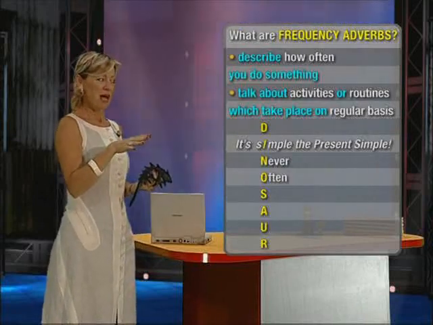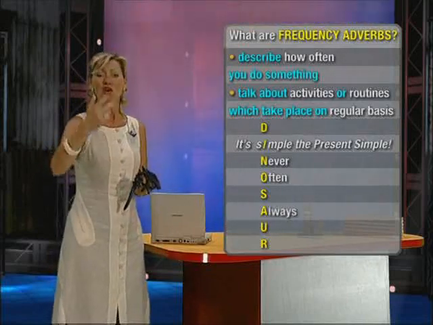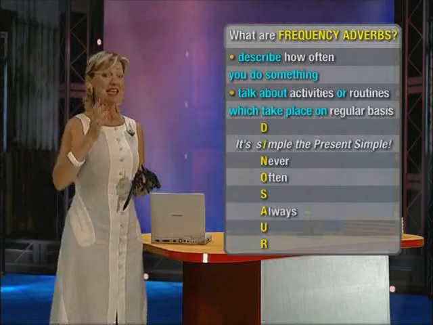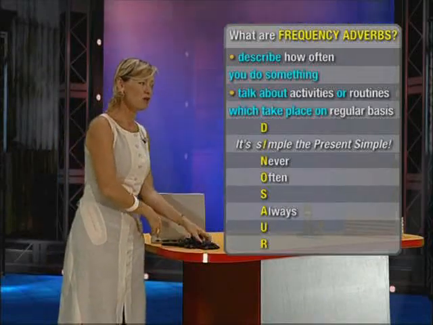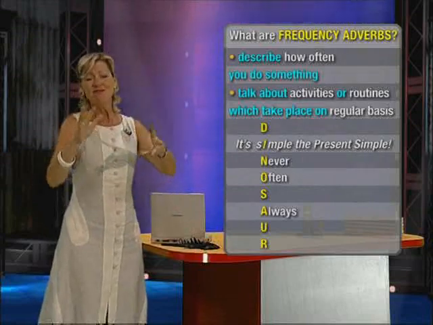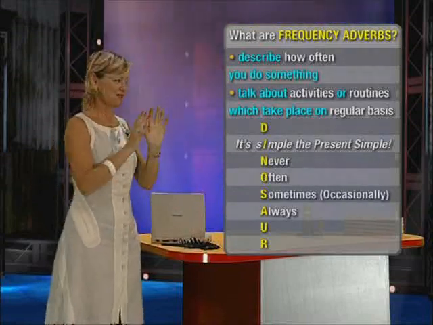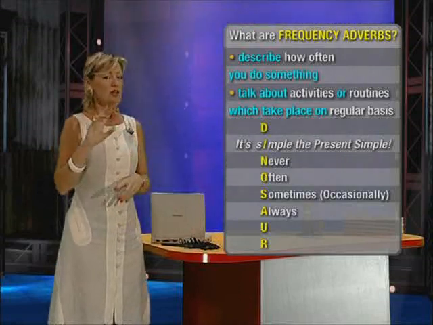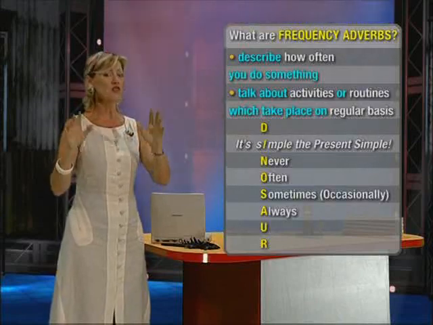What about A? Something that you do a lot. A is always. Good. What about S? S is sometimes. Very good, sometimes. Now, U is for usually.